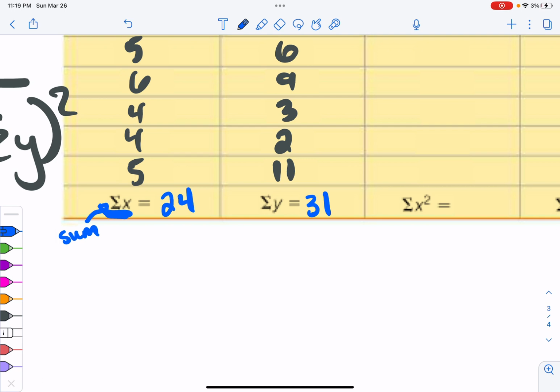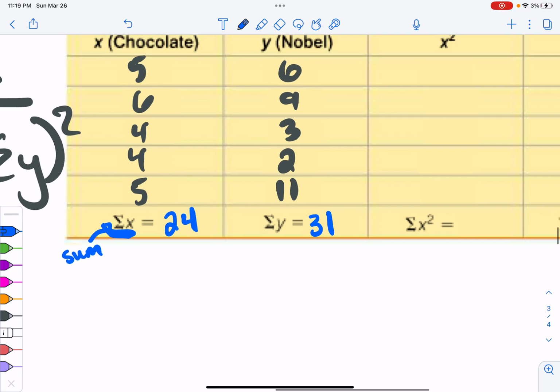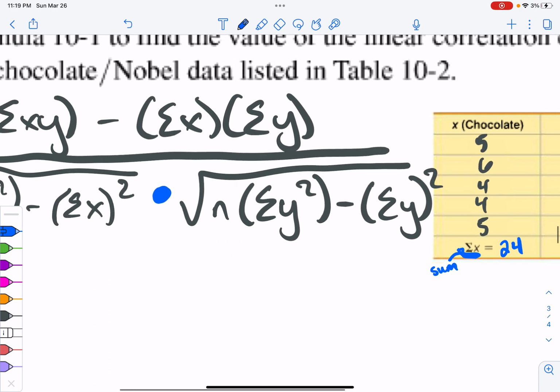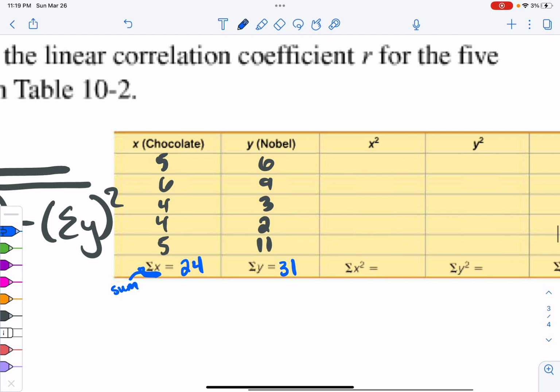Okay, let me check to make sure that that's right. Yep, no, wait, 32 is what I got the second time. 15 plus 5 plus 11. Nope, 31. Okay, so the sum of all the X's is 24 and the sum of all the Y's I got was 31. Now they're going to make me calculate the X squared values.